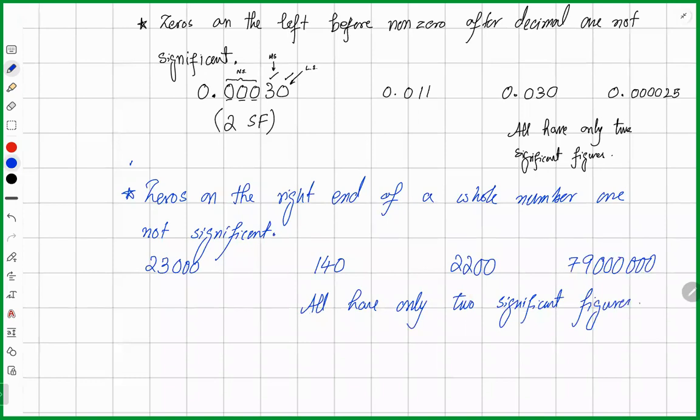So remember, the zeros on the right hand for the whole numbers are not significant.